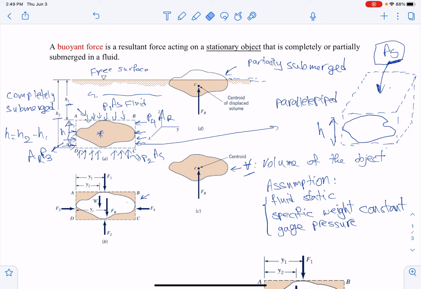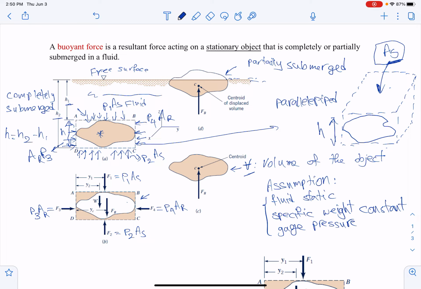But these forces, let me write down the name of them as well. So the pressure is actually acting on all the forces. So this is going to be P4 AR, and this is P2 AS, and this is P1 AS, and this is P3 AR, right?